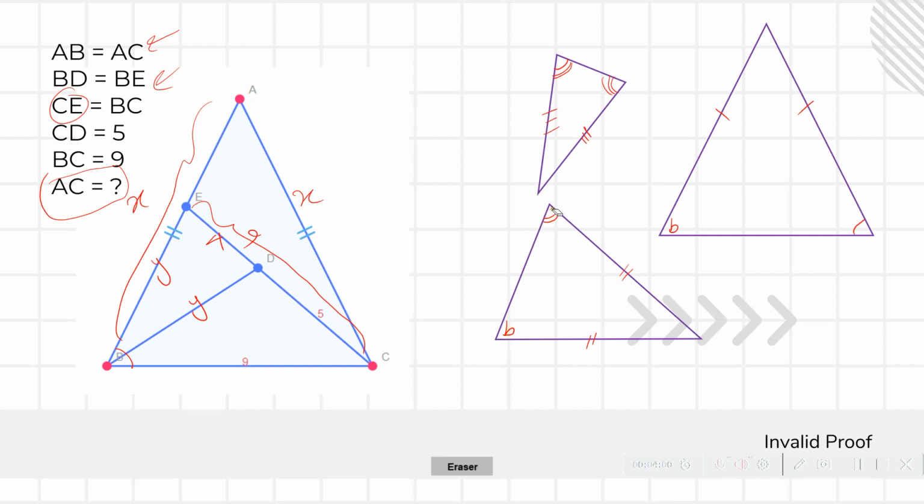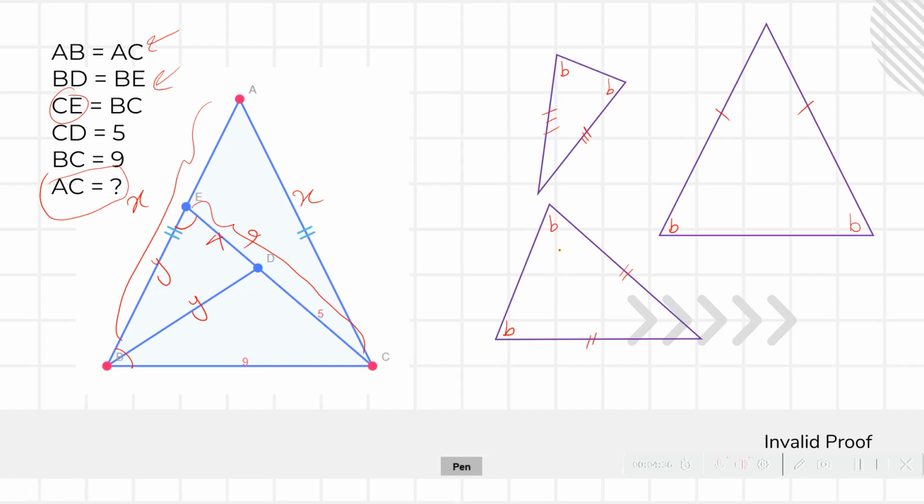Since this is equal to this one, this would be B as well. And this is equal to this one, so this would be as well. And there is one more thing here. Let's take a look at this angle, E. For the smaller triangle, it would be this, but for the middle triangle, it would be this. So they are equal as well. So this would be the same as the other triangle B, and this will be the same. So they all have the same angles.